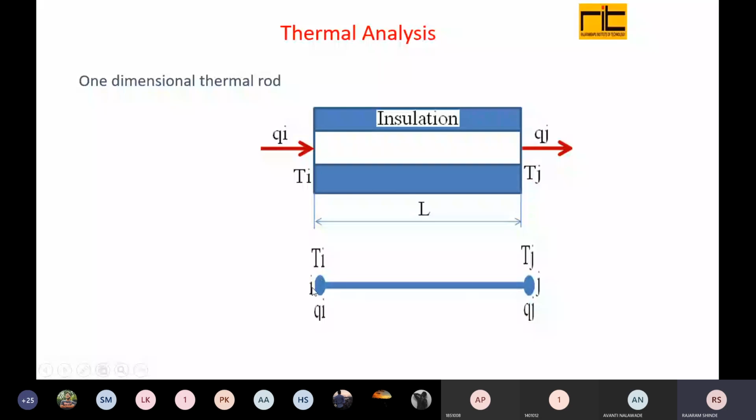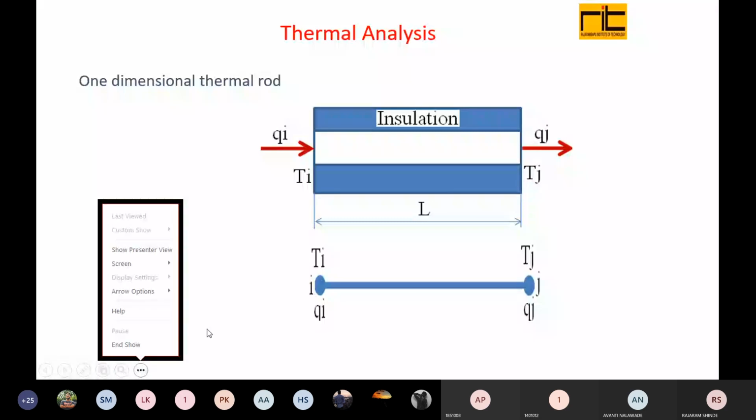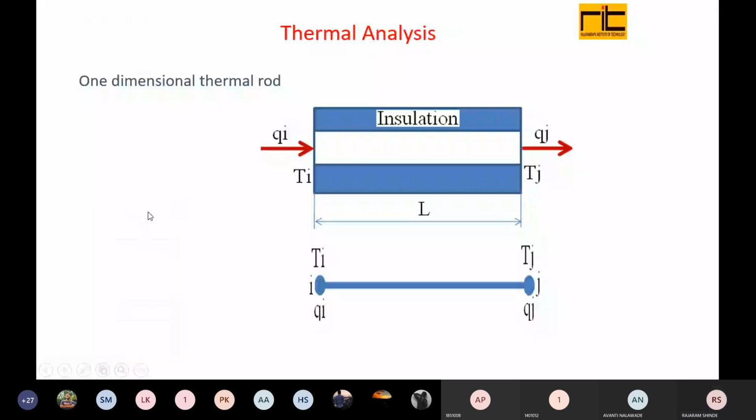This is node I and this node is J. This one is node I, and this one is node J.